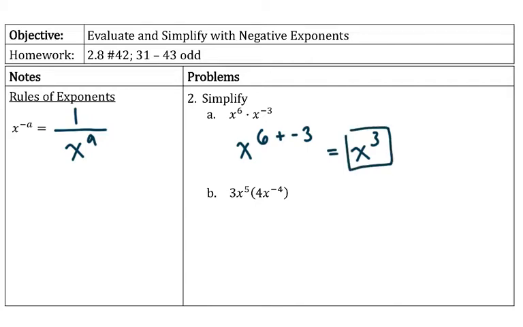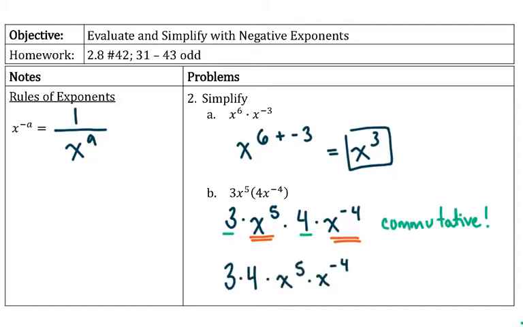Here we have terms that have both a number and a variable, so what I like to do is use the commutative property to reorder, because all of these are just connected with multiplication. So when I use the commutative property to reorder it, I'm going to put the numbers next to each other, and I'm going to put the x terms next to each other.